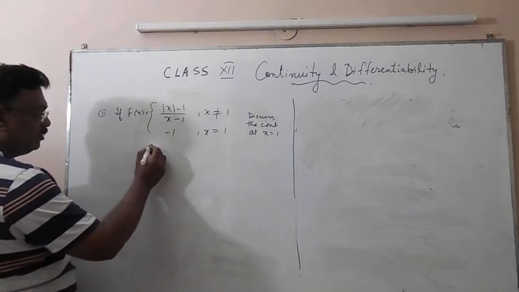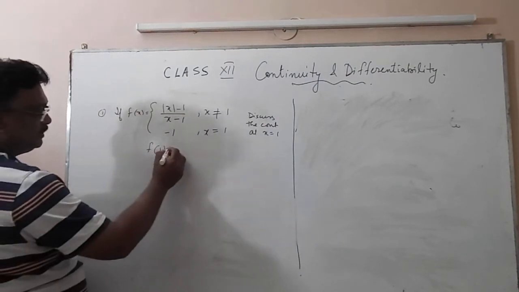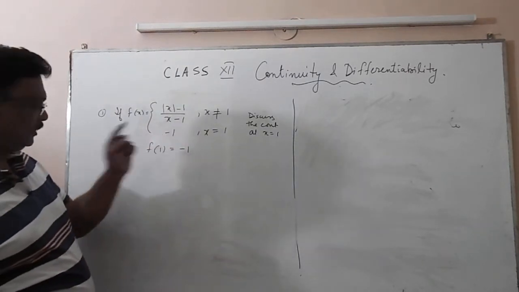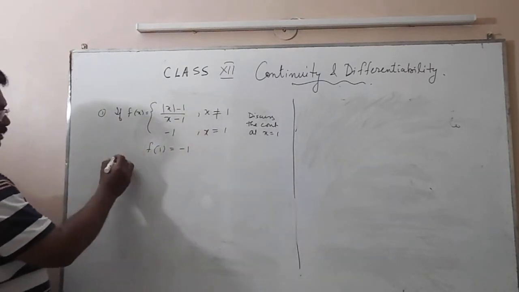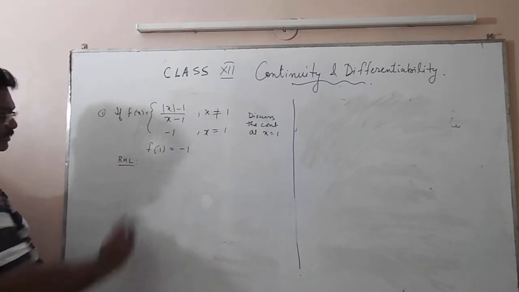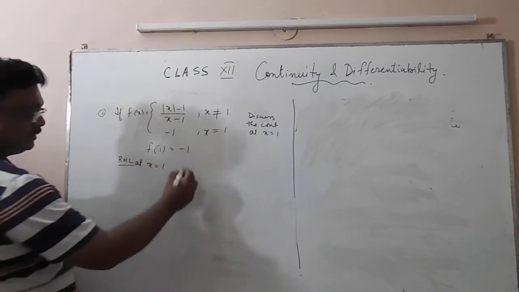First of all, we'll find the value of the function at 1. The value of the function at 1 is minus 1, which is already given to us. Now we find the right hand limit of the function at x equal to 1.